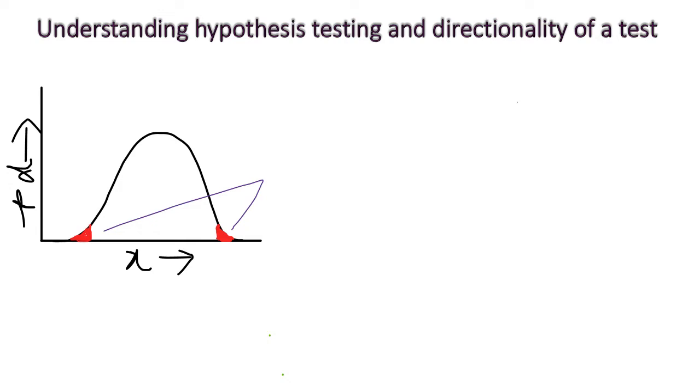We are not concerned with whether it is greater than or less than, but we only want to know if there is a difference among the groups or distribution sets that we have.